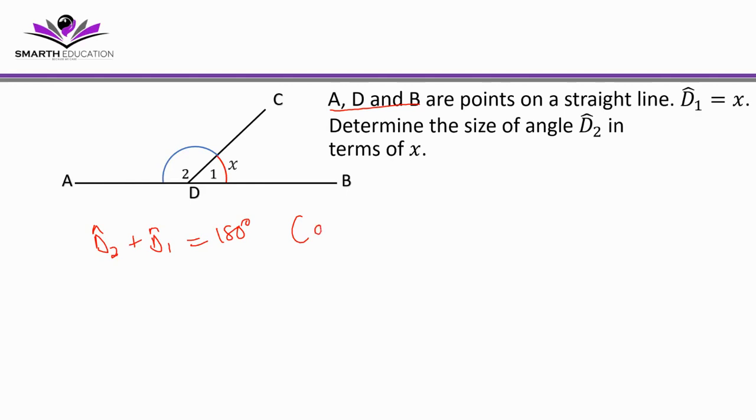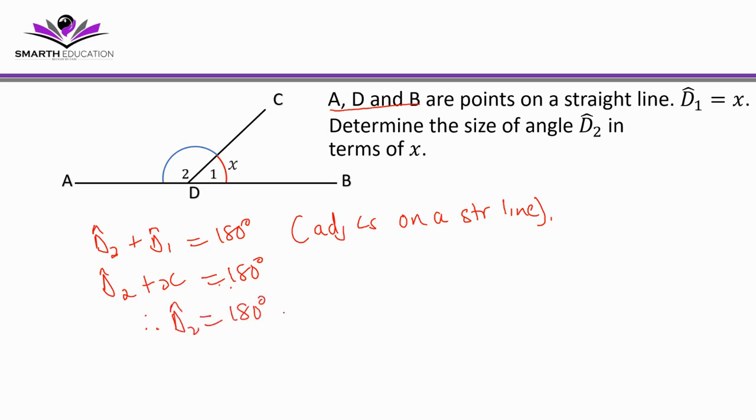The reason: adjacent angles on a straight line. So we have angle D2 plus x is equal to 180 degrees, and then we subtract x from both sides of the equation. Therefore, angle D2 is equal to 180 degrees minus x. This is angle D2 in terms of x.